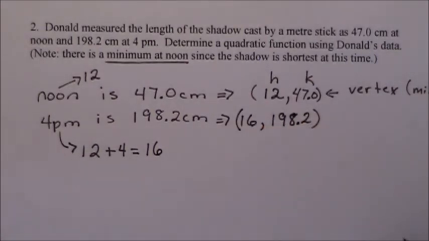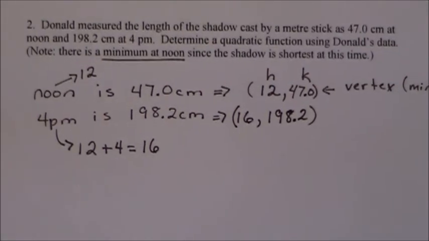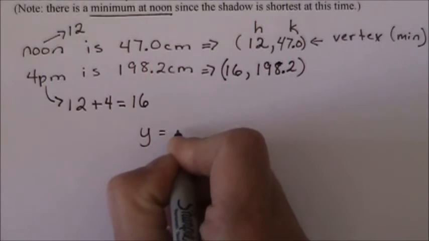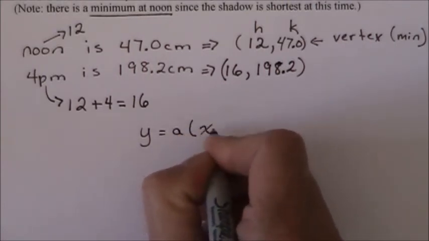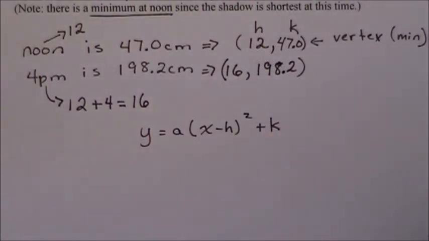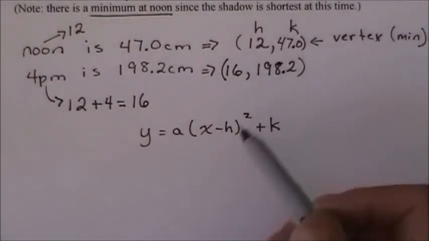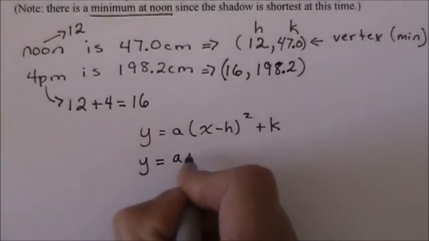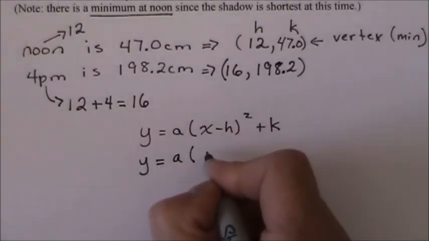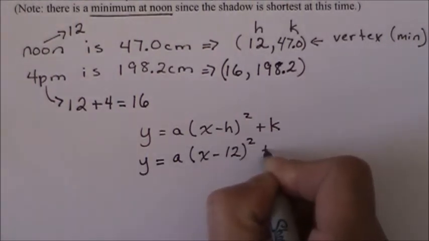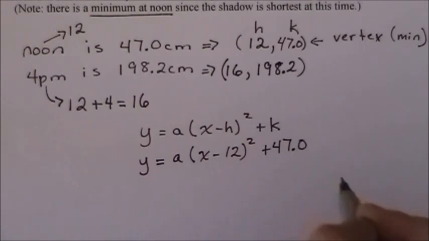So, as we think about our equation, we have y is equal to a times x minus h squared plus k. h and k get substituted in, so we have y is equal to a times x minus 12 squared plus 47.0.